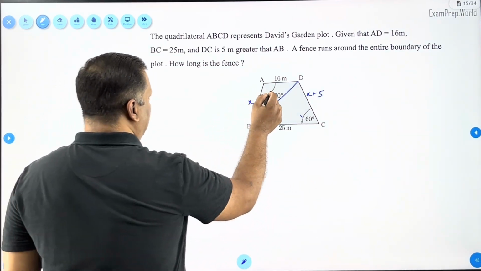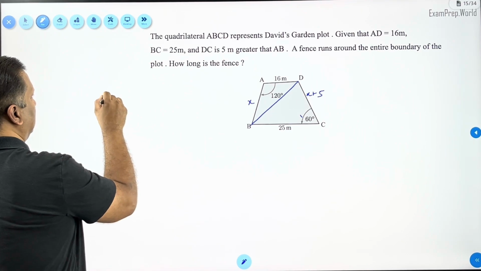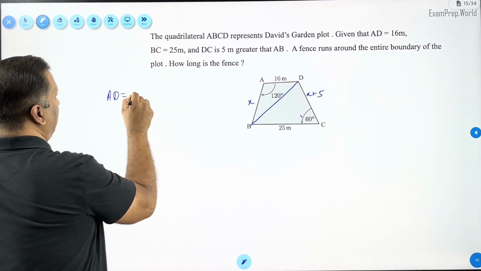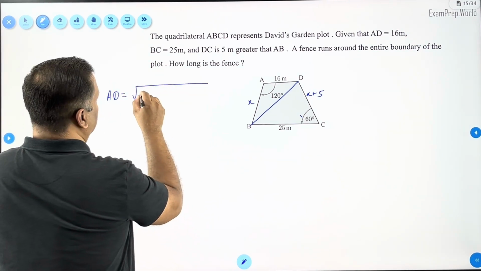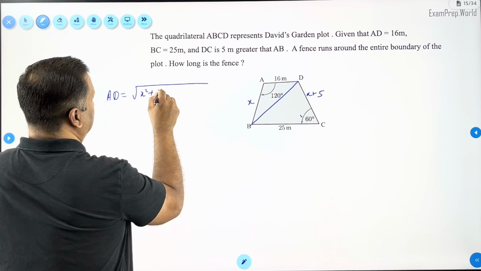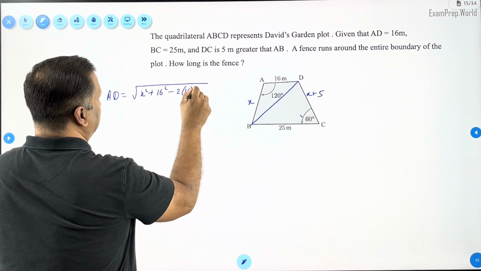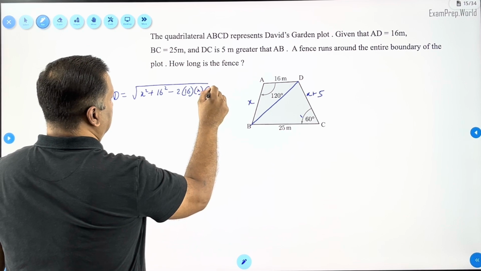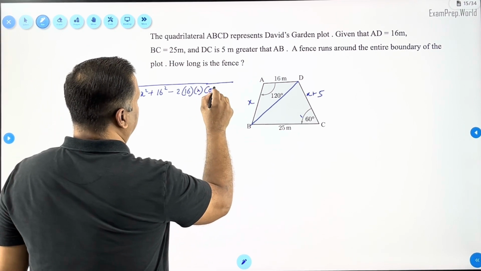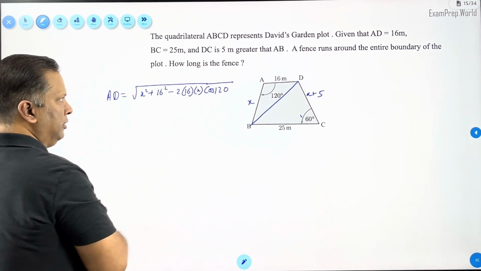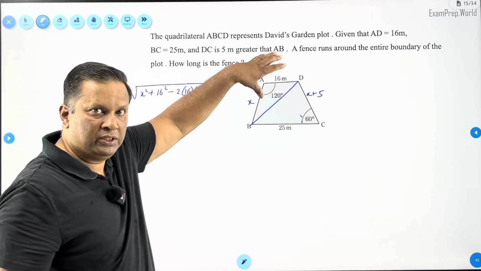Using cos rule, BD will be equal to root of x square plus 16 square minus 2 times 16 times x cos of 120. This is from the triangle which is above.